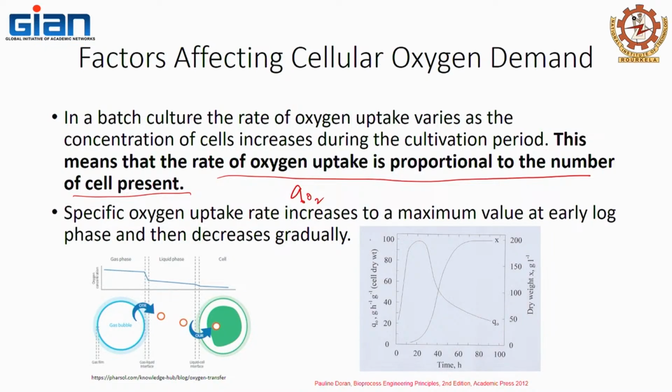You can see that in early log phase it has increased for a certain period of time and then decreased gradually as the cell concentration has increased. So, this is your X, this is your QO2.